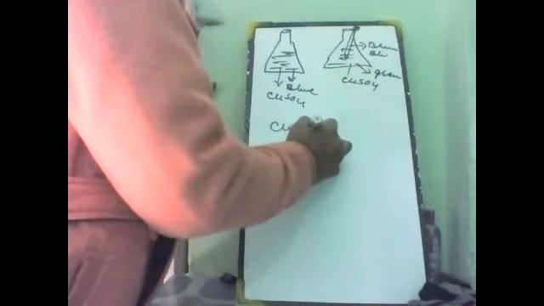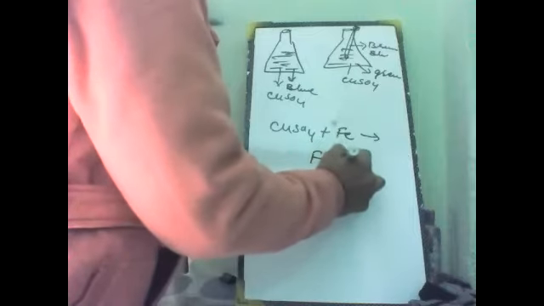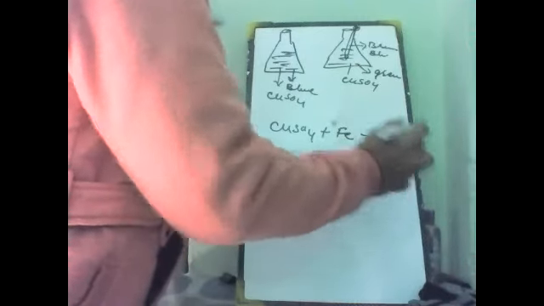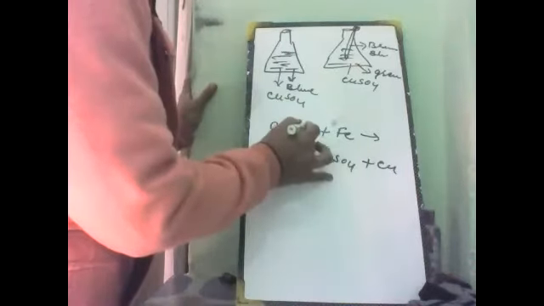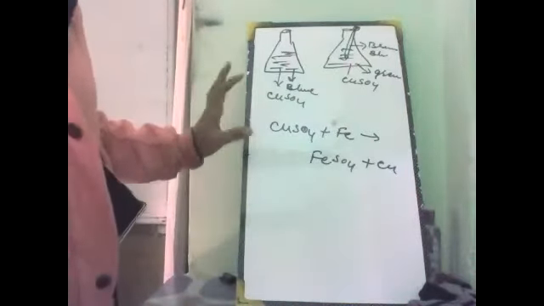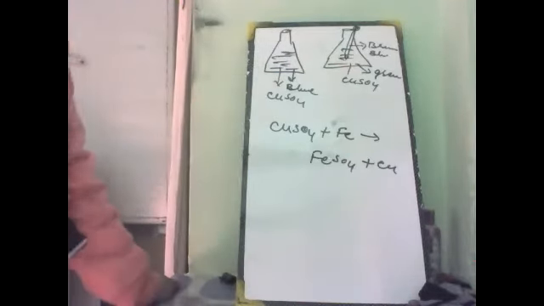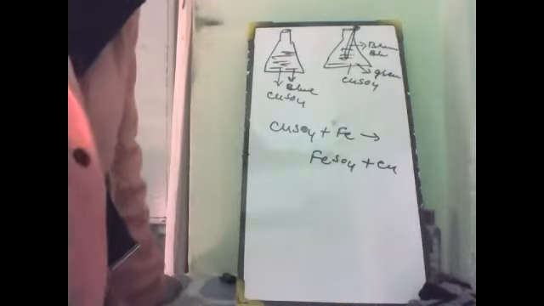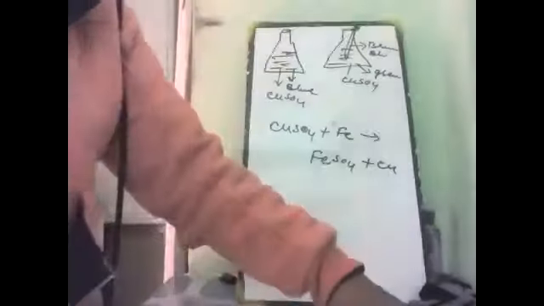The reaction takes place in this way. It forms FeSO4, removing copper from the copper sulfate and forming ferrous sulfate. This is the displacement reaction between copper sulfate and iron. Iron displaces copper from the copper sulfate solution.